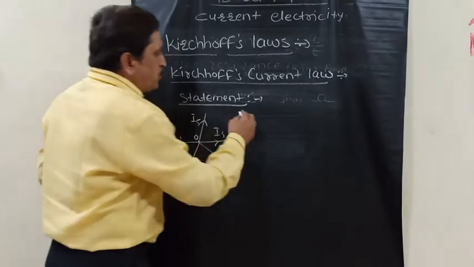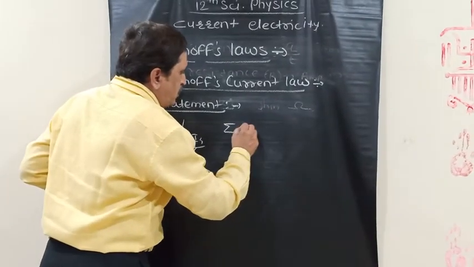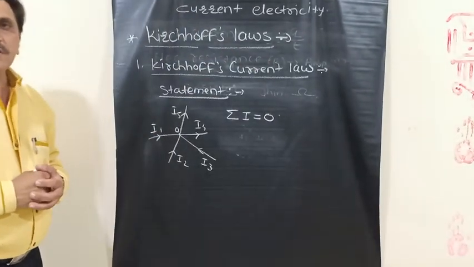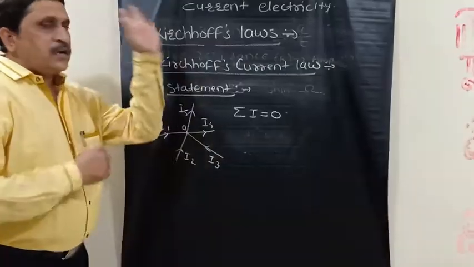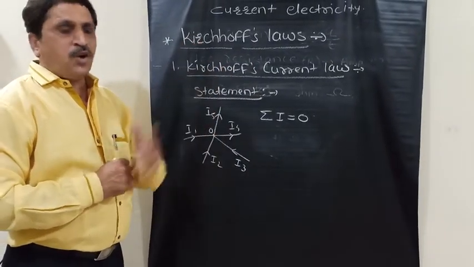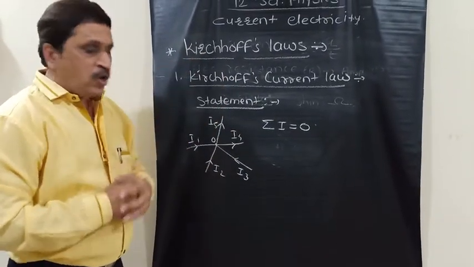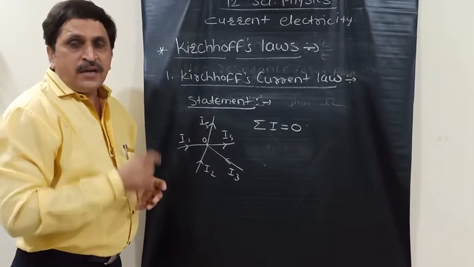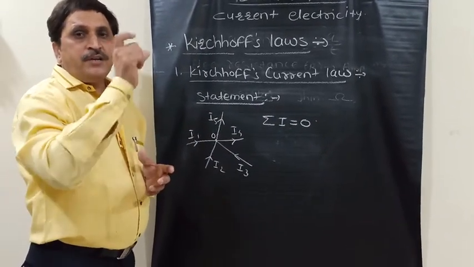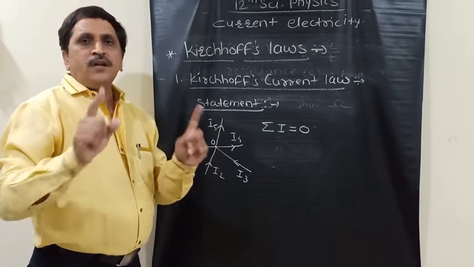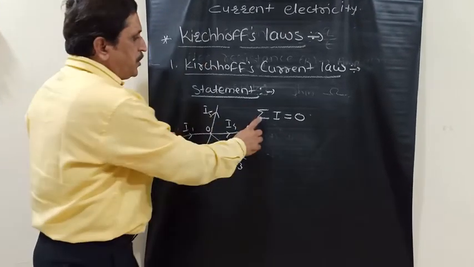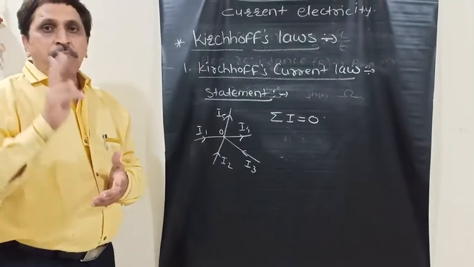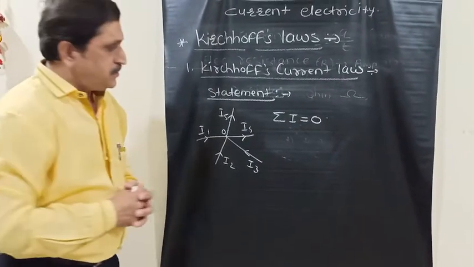According to Kirchhoff's current law, summation of I is equal to 0. That means the algebraic sum of electric current at any junction point in a closed electric circuit is always equal to 0. For that, Kirchhoff made two sign conventions.